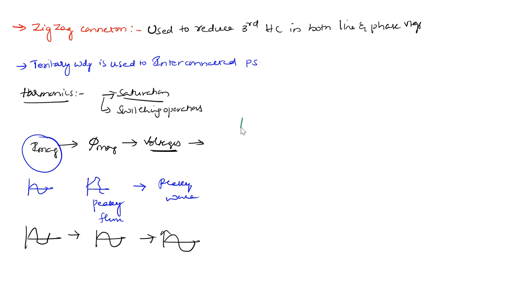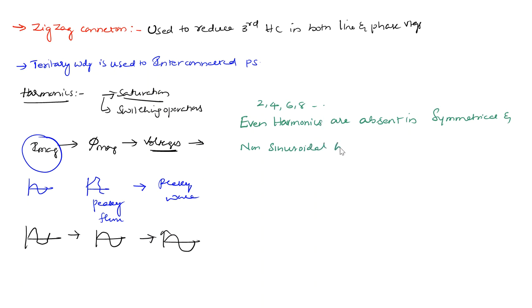Even harmonics, that means orders of 2, 4, 6, 8 and so on, are absent in symmetrical and non-sinusoidal waveforms.